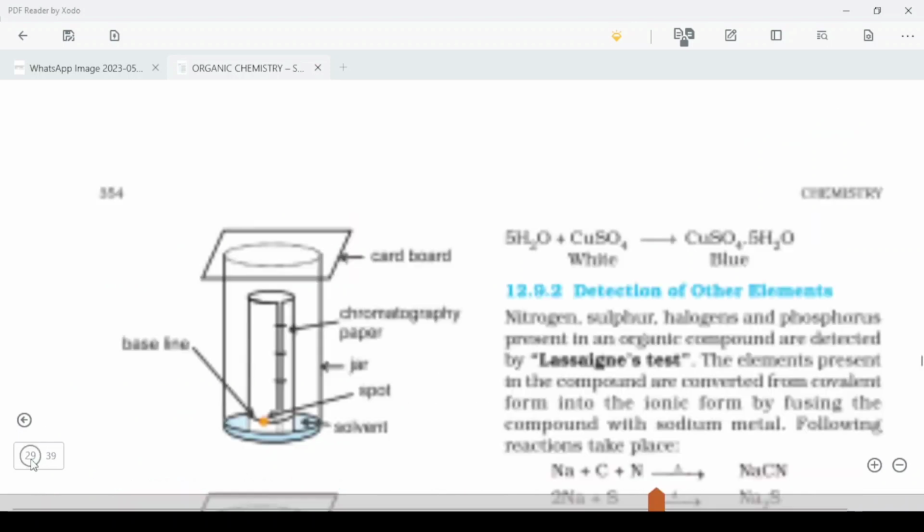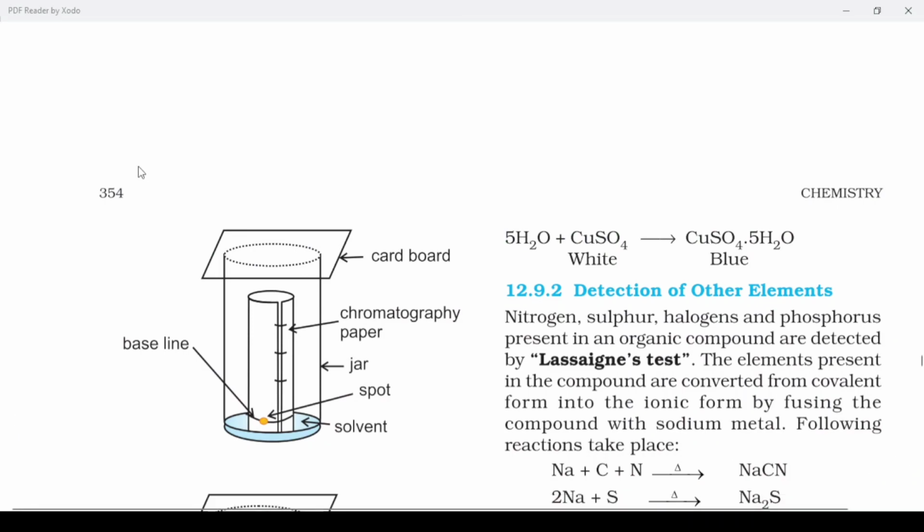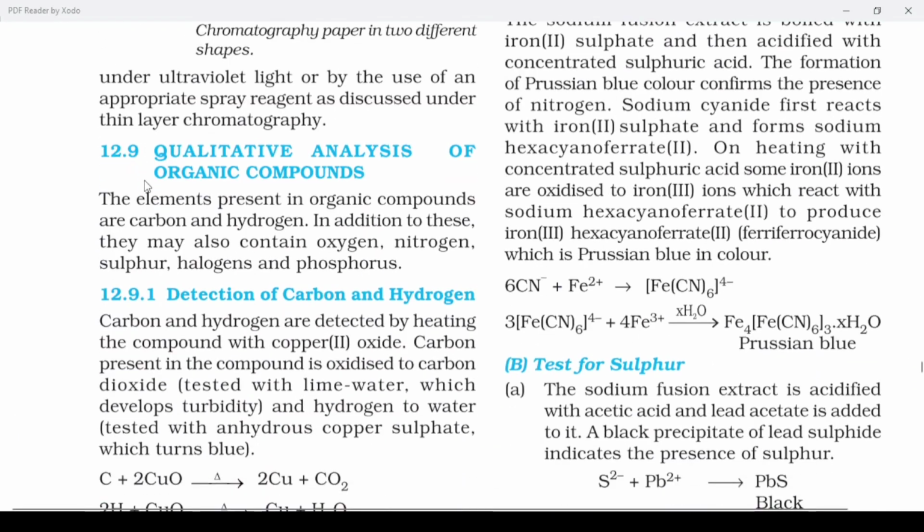On this page, you can find section 12.9, qualitative analysis of organic compounds. In this qualitative analysis, we basically detect elements qualitatively: carbon, nitrogen, phosphorus, hydrogen, sulfur, if any element is present.